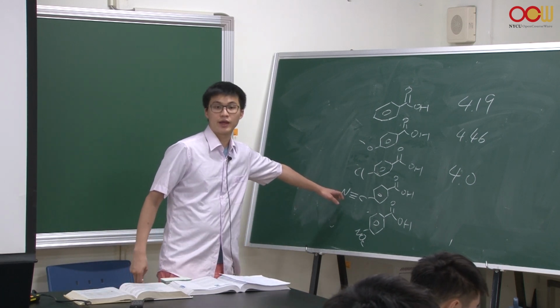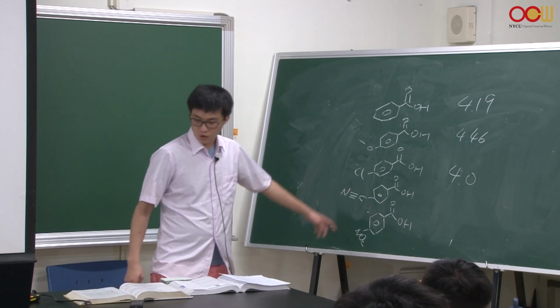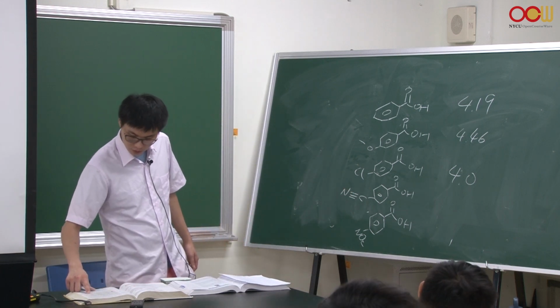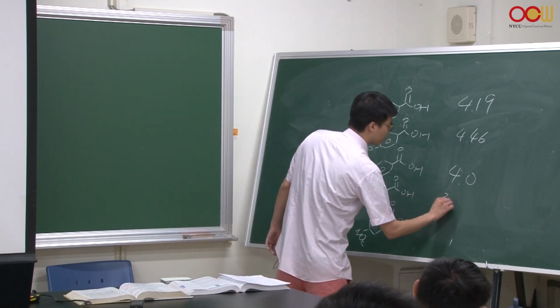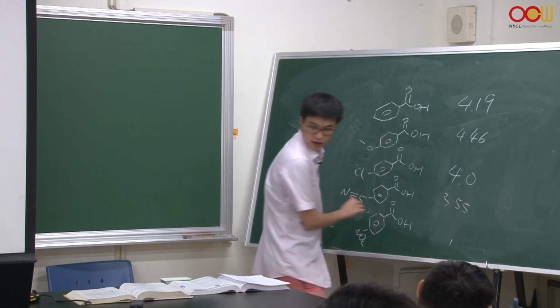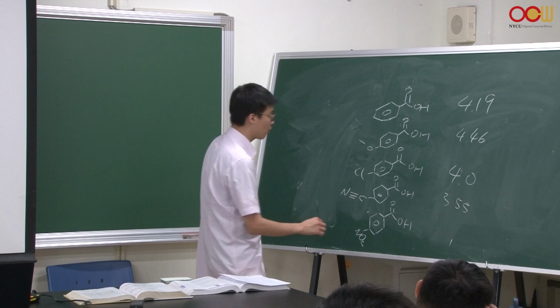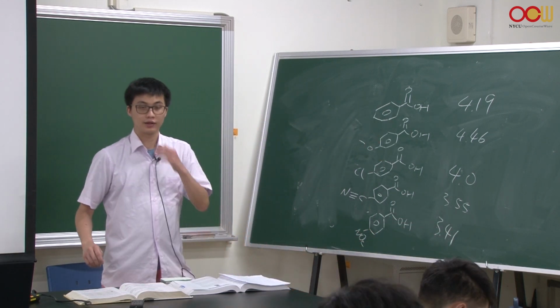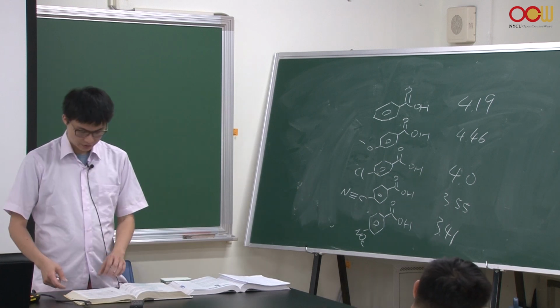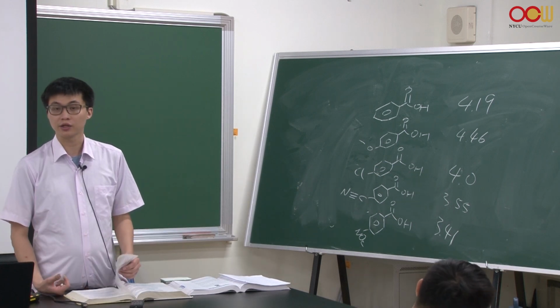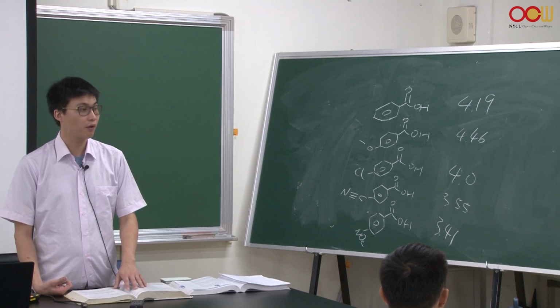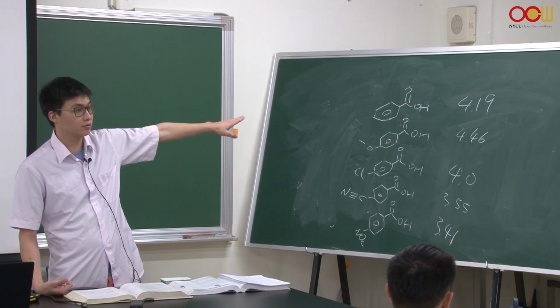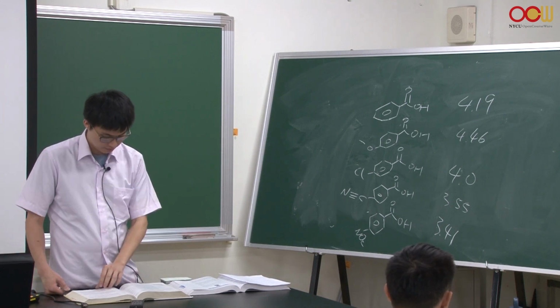Think about the electronegativity. So for their pKa, the cyano group will get down to 3.55 and 3.41 for the cyano and nitro substituted benzoic acids. These are the trends that you need to know, and you need to be able to explain why some compounds are more acidic than others.